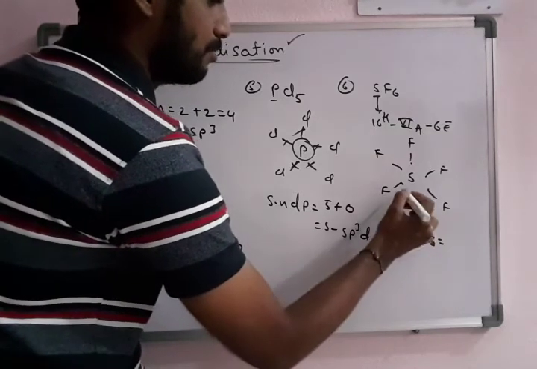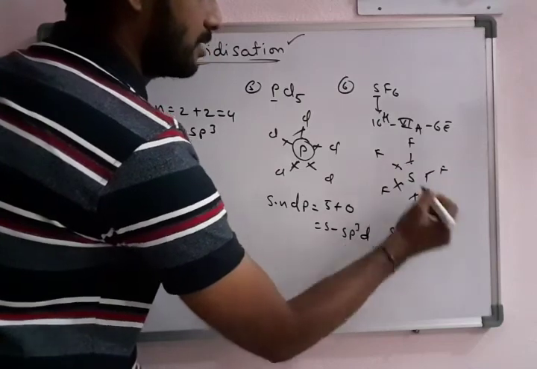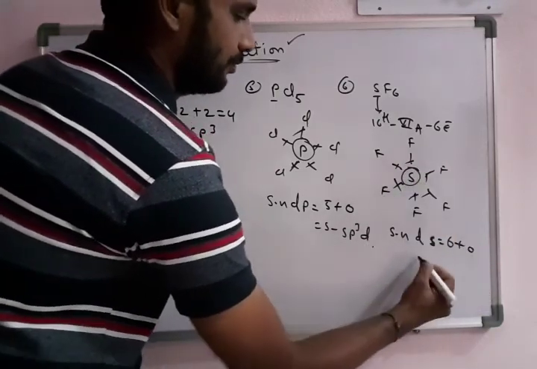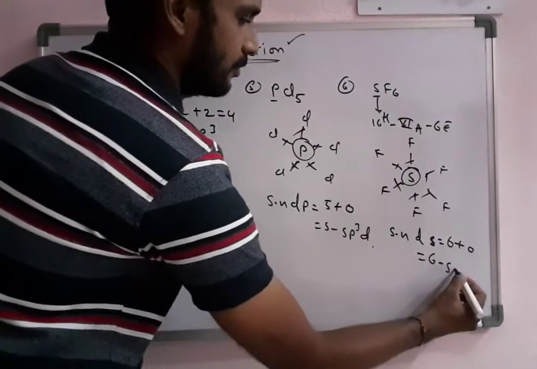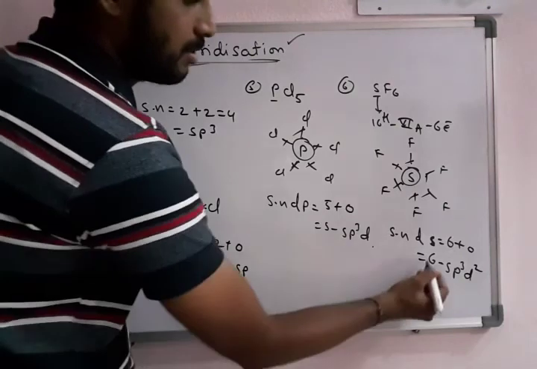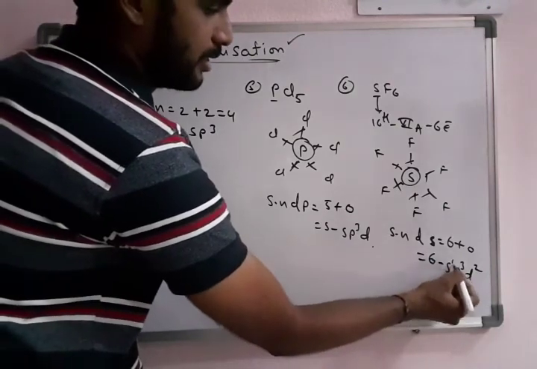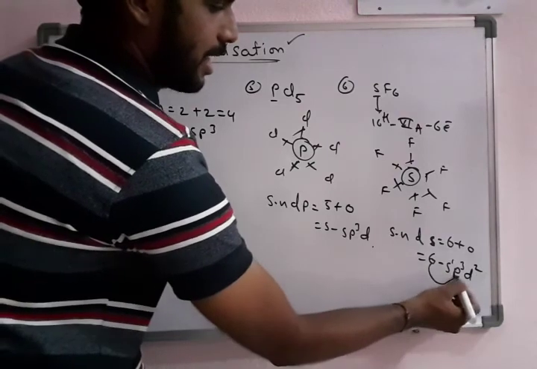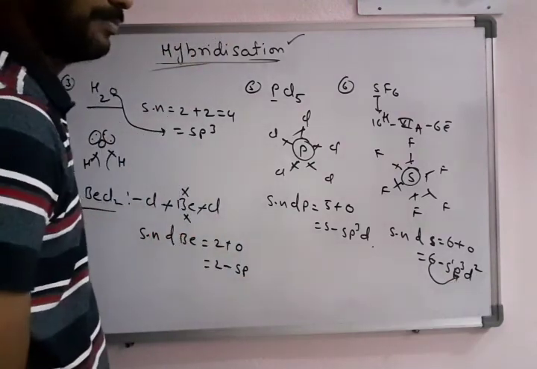The number of sigma bonds is 1, 2, 3, 4, 5, 6, so 6, and there are no lone pairs on the sulfur. That gives sp3d2 hybridization. The way to remember 6: s1, p3, 3 plus 1 is 4, 5, 6. So 6 indicates sp3d2 hybridization.